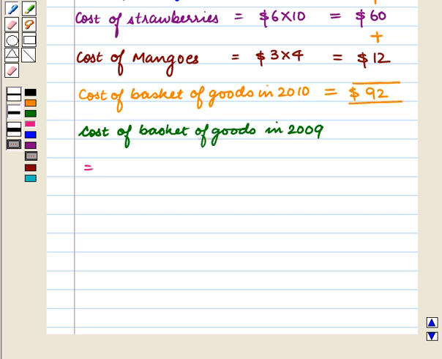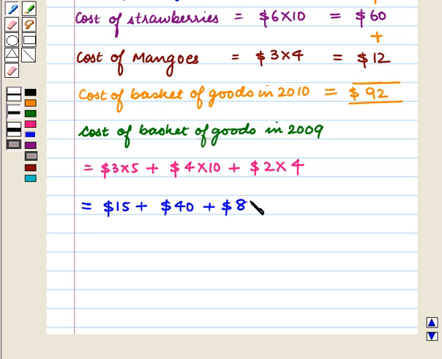So, the cost of basket of goods in the base year, that is in the year 2009, will be equal to $3 into 5 plus $4 into 10 plus $2 into 4, which is equal to $15 plus $40 plus $8, which is equal to $63.